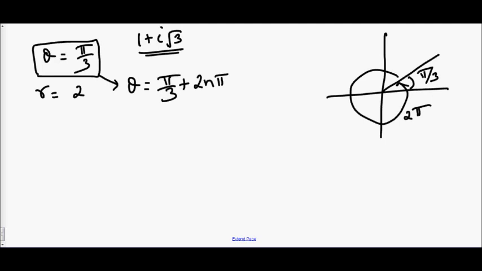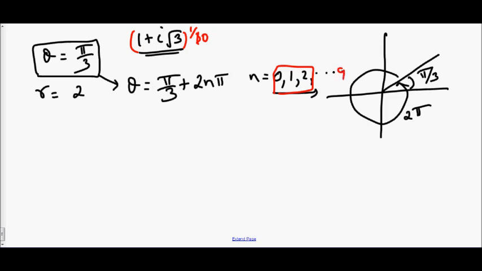So it could be pi over 3, it could be 2 pi plus pi over 3, it could be 4 pi plus pi over 3. So n ranges from 0 upward. How many n's are you going to substitute? If it is to the power of 1 over 3, then you take 3 values: you stop with n equal to 0, 1, 2. If it is to the power of 1 over 10, then you should go up to 0, 1, 2, up to 9.